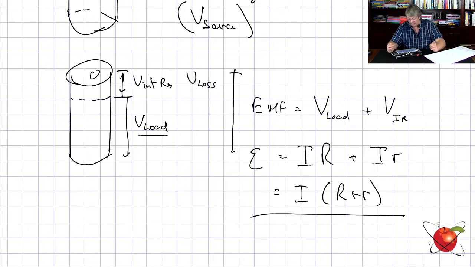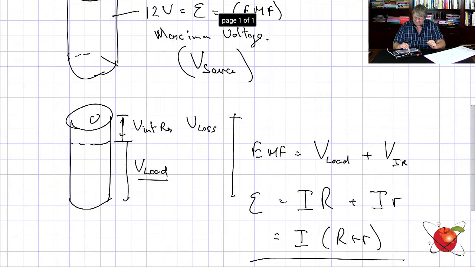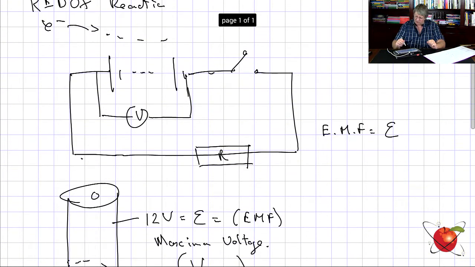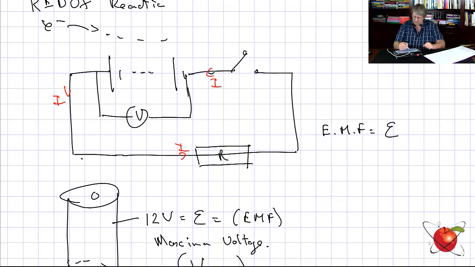Working it backwards, it's saying that the current in the circuit, because the current must go through the whole circuit, let's track it. Remember what we said in circuits from last year? Put in the current, I. And when it's running, I must go through the battery as well. And the battery's got a resistance of r, so there's going to be a voltage drop across the battery.